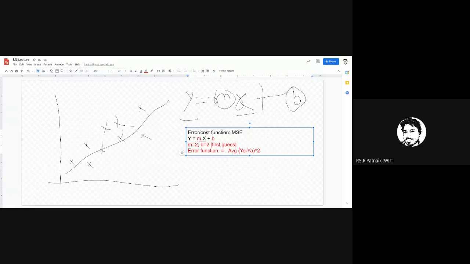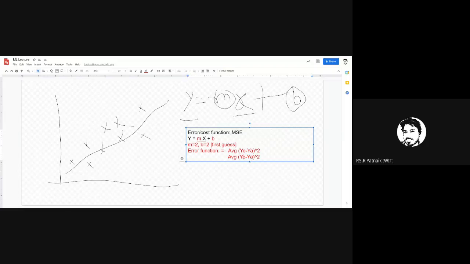Now, how do you calculate y expected? If I further split this equation, it can be further written as follows. Remember, y actual you get from the data sets.